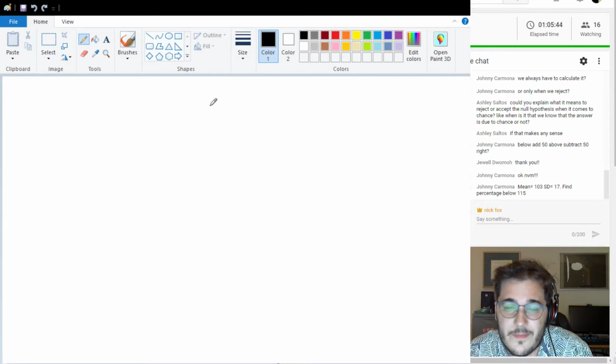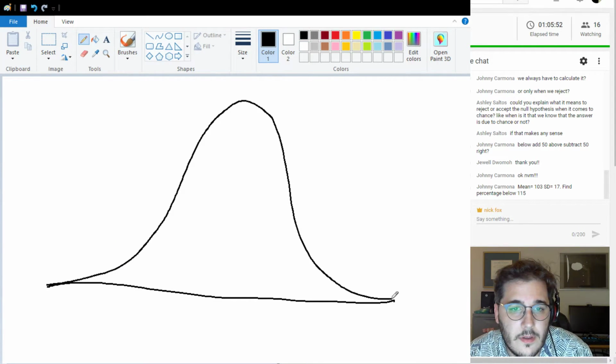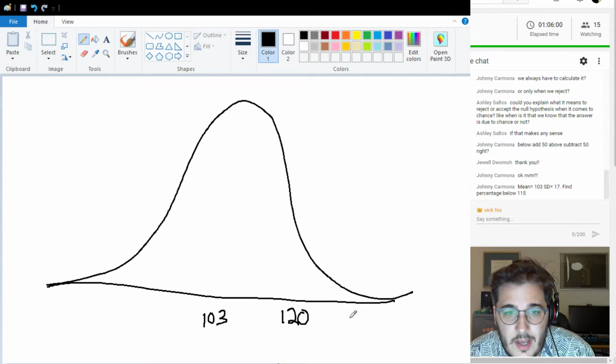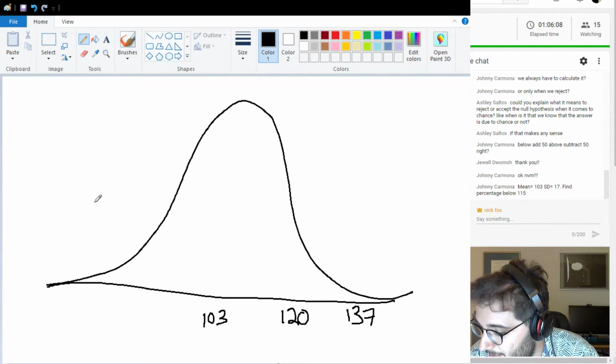Johnny's question. So let's first use color, not white. Okay. So we have a mean of 103 and a standard deviation of 17. So out here is 120, and out here is 137, and down here is, let's not do head math because then you look like an idiot.